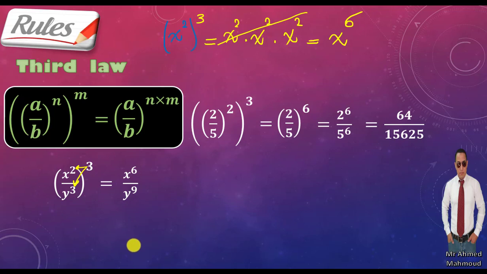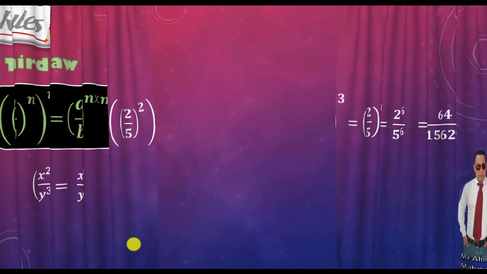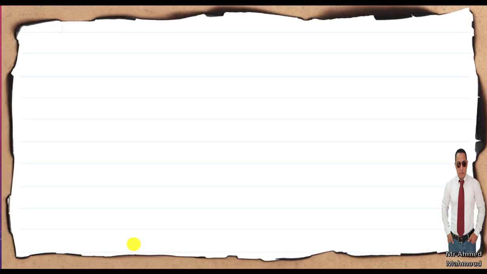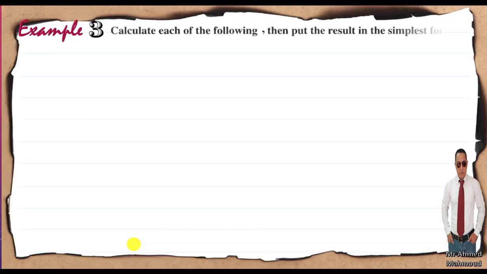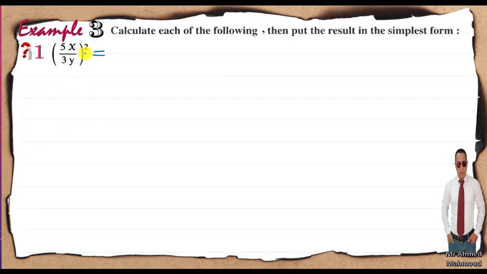Let's solve example 3. In this example, calculate each of the following. Number 1, (5x over 3y) all to the power of 2. Now we have power 2 outside the whole bracket, so I'm going to distribute power of 2 to all of them.